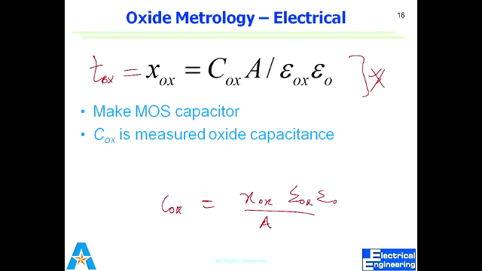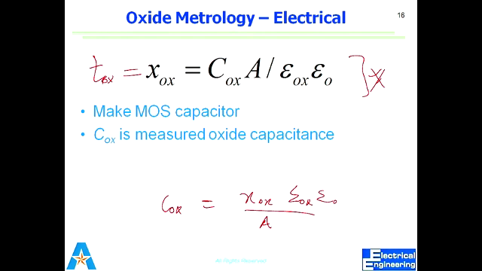If you know the thickness of the oxide and the area of your capacitor, and these two values are constant, then you can calculate the C oxide. So this is how you will analyze. This is a measured value, and this is the calculated value.